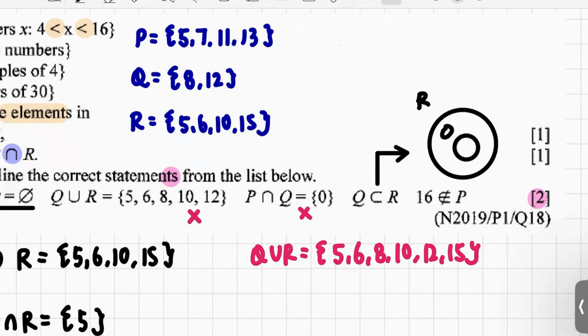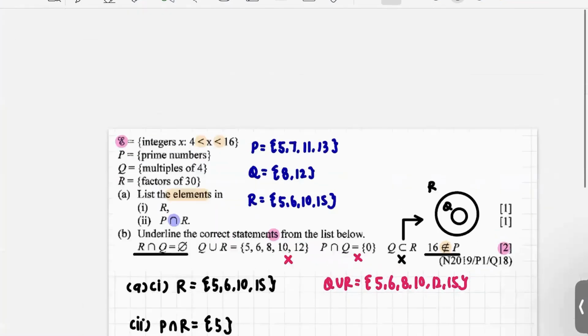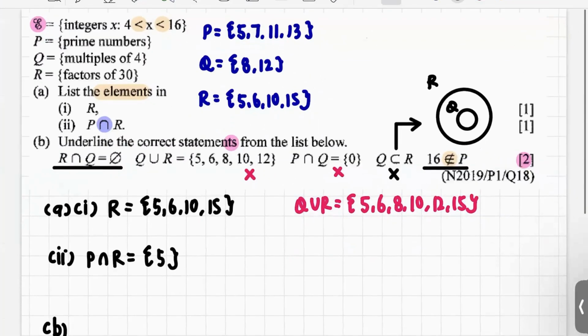That means all of the elements of Q are inside R. But Q is 8 and 12, and there's no 8 and 12 inside R. So this one is also wrong. What does this symbol tell you? This symbol means an element, and cancelled away it means not an element. So look at P: 16 is not an element of P. So this is the second one we underline. With just that, you get 4 marks for your Paper 1. Simple.